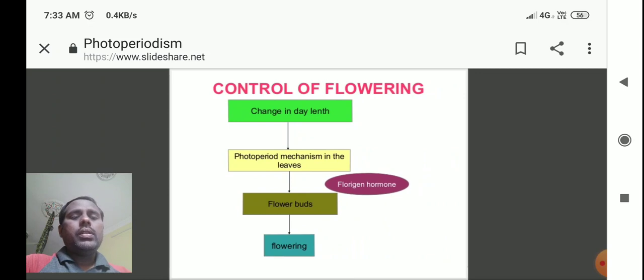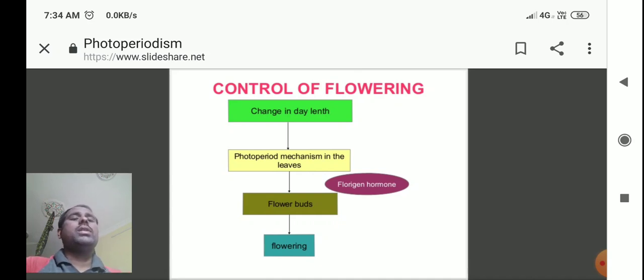You can simply understand the control of flowering in this flow chart. There is a change in day length, and the photoperiod mechanism acts in the leaves. Whenever the leaves are exposed to the photoperiod, florigen hormones are secreted and the flower bud is stimulated to flower.